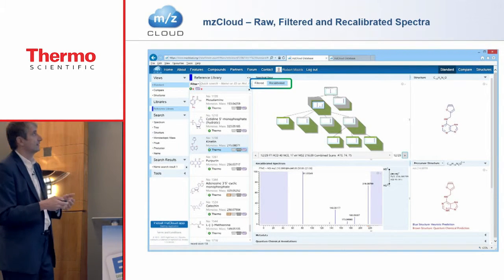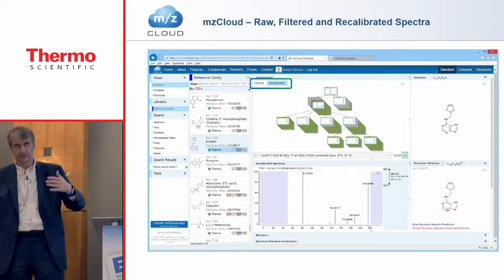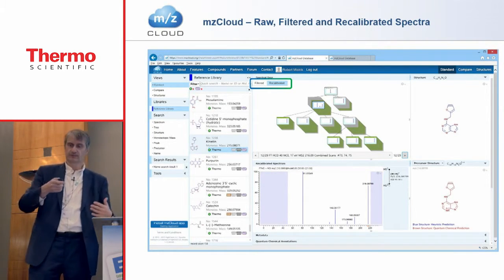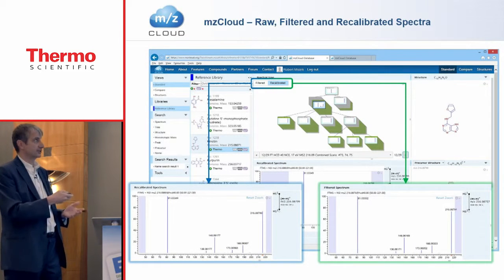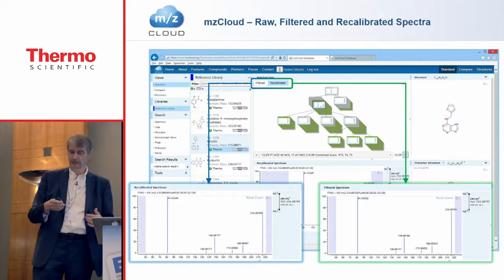So we have here, as I mentioned to you, filtered and recalibrated spectra. Since recalibrated spectra are artificially changed, we better keep them separately, and you can search in both of them. So you have a filtered spectrum and a filtered and recalibrated spectrum. And the search algorithms go through all of them.